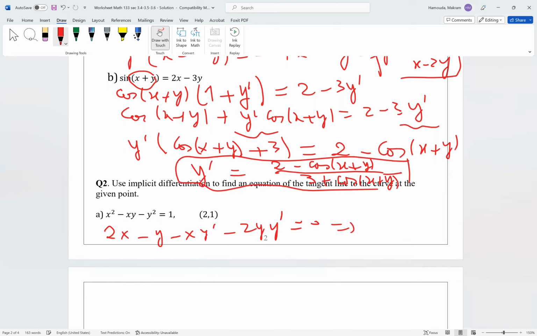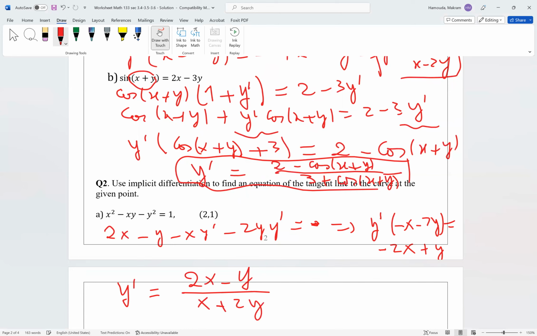That gives y prime times the factor minus x minus 2y equal to minus 2x plus 1. Okay, so finally y prime is equal to 2x minus y over x plus 2y. I removed the minus from the numerator and denominator.